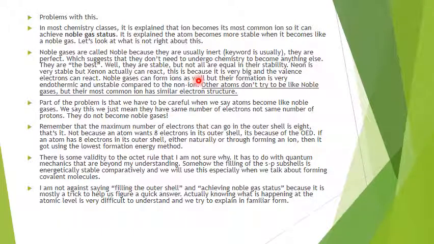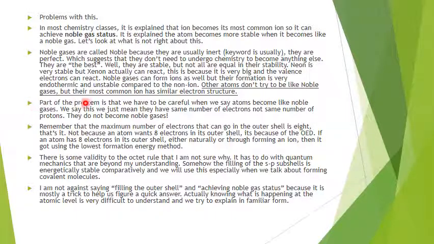You can knock the electrons out, but that actually requires a lot of energy, and the ion form is more unstable than a non-ion. Really, the atoms don't try to be like noble gases, but when they do form their common ion, it will have a similar electronic structure as the nearest noble gas.